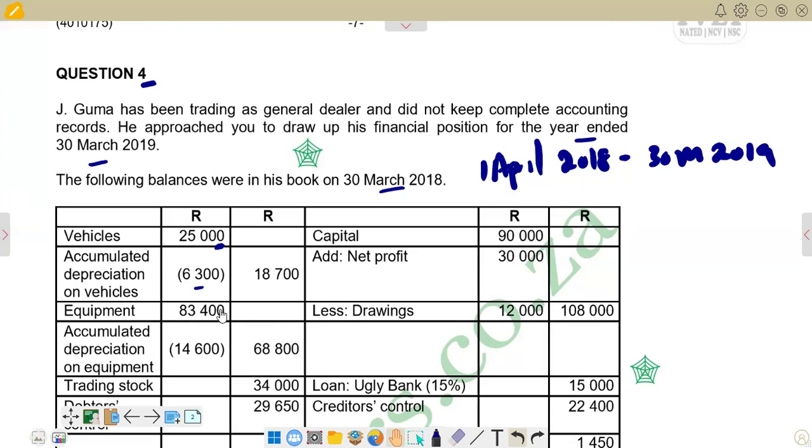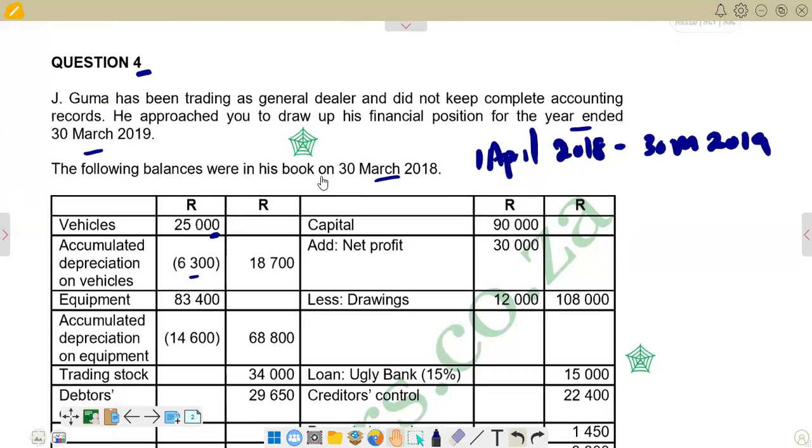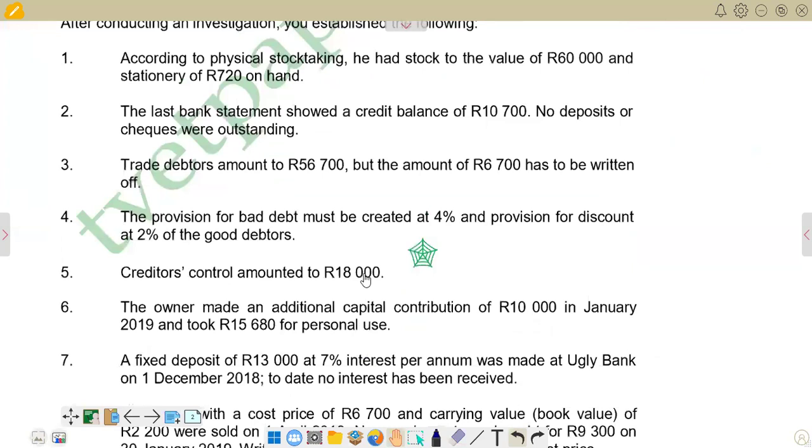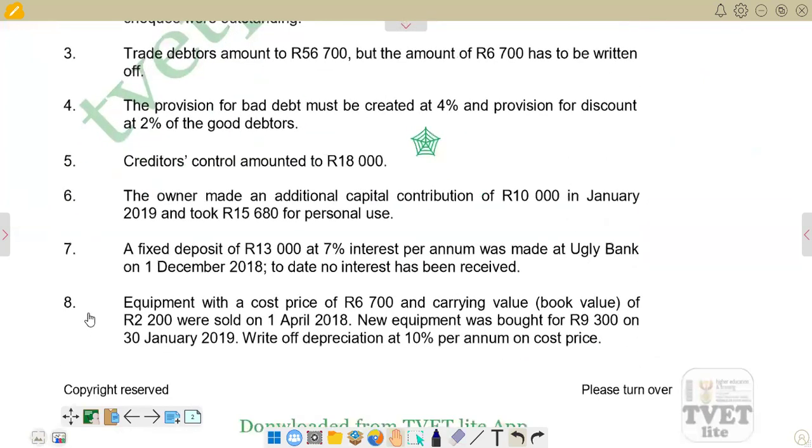And then we check in the additional information if we have any equipment that was purchased or disposed during the year. On item 8, equipment with the cost price 6,700 and the carrying value of 2,200 were sold. So we have equipment that was disposed, 6,700. This is a subtraction. Then we also have another item saying new equipment was bought for 9,300.